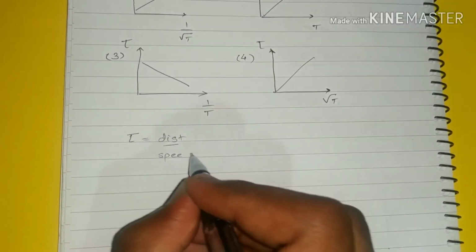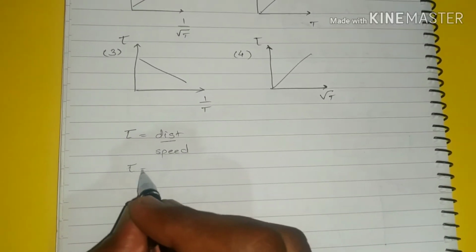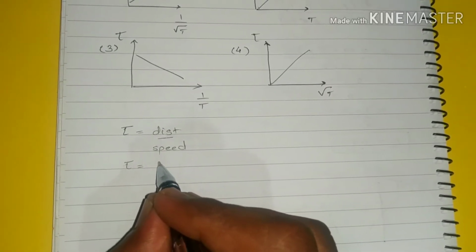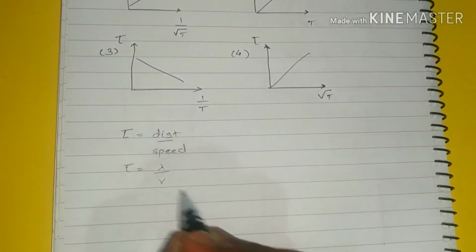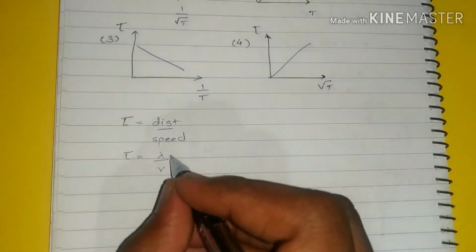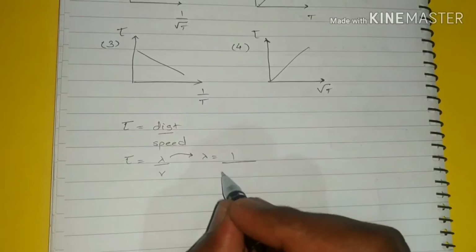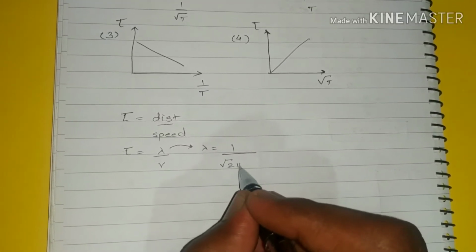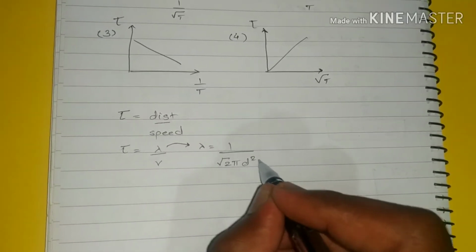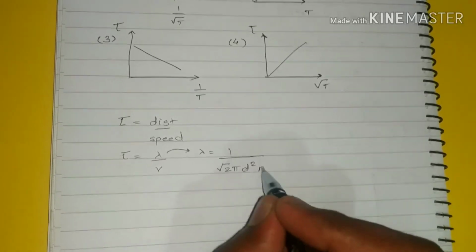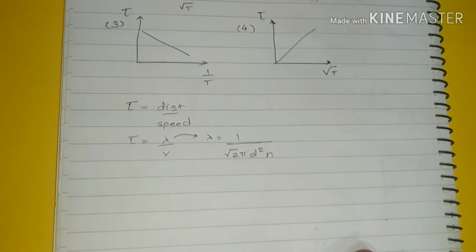And you are very well aware that distance between successive collision is expressed as mean free path and speed is v. Now here you must know that the mean free path is expressed as 1 upon root 2 pi d square multiplied by n, where n is number of molecules per unit volume.